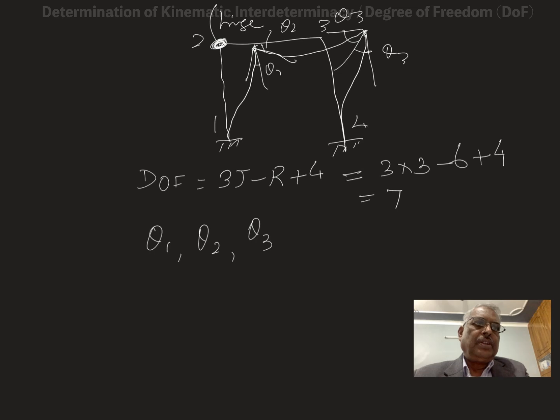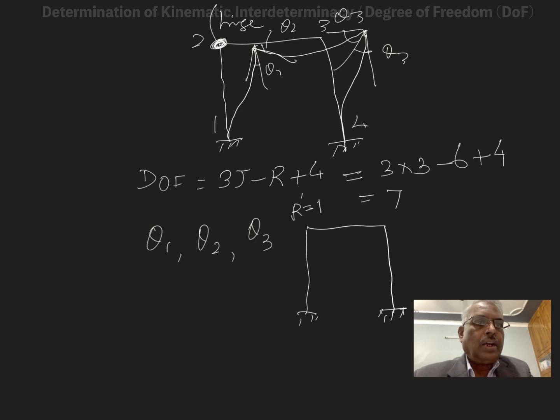The other way we can solve these problems is to consider a rigid joint here. Then to make it rigid, one moment will be included. I'm making this rigid, so as soon as I make it rigid, the moment that was 0 here is added.